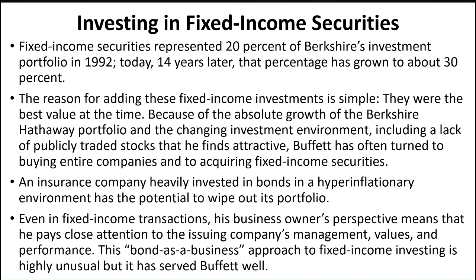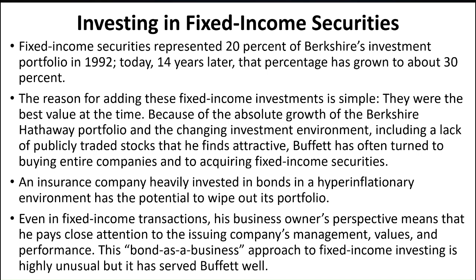The reason for adding these fixed income investments is very simple. They were the best value at the time, and because of the absolute growth of the Berkshire Hathaway portfolio and a changing investment environment, including a lack of publicly traded stocks that he finds attractive, Buffett often turned to buying entire companies and to acquiring fixed income securities.